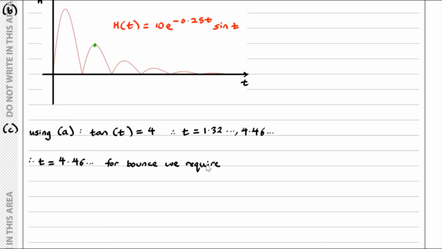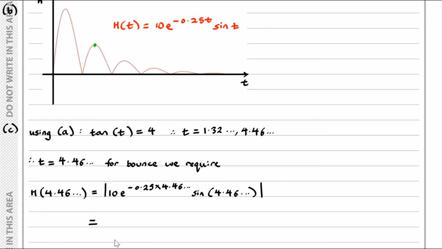So we're looking at h of 4.46, etc. So h of 4.46 would be the mod of 10e to the minus 0.25 times 4.46 multiplied by the sine of 4.46.